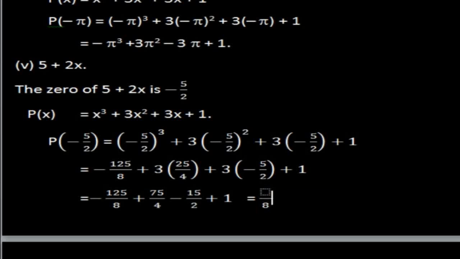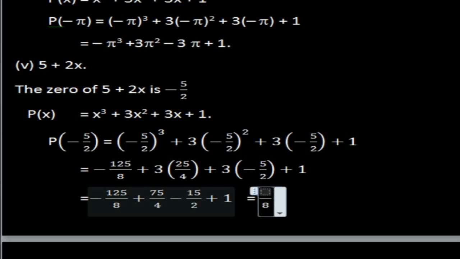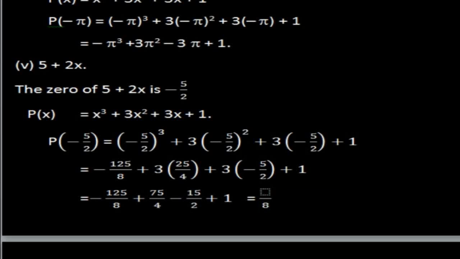And what has to be done in the numerator? Here already 8 is there, so we need not do anything else. And here only 4 is there, so 2 has to be multiplied here to bring this to 8.